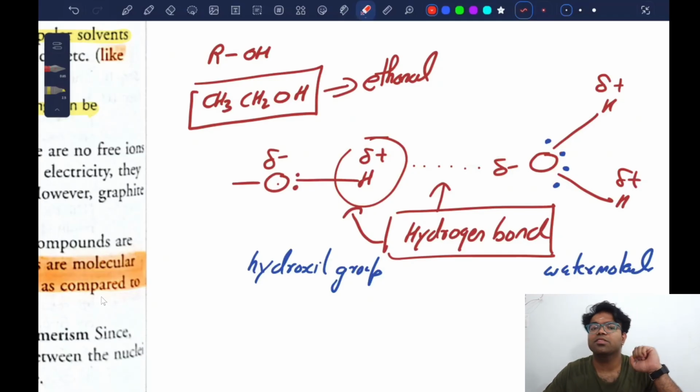Basically, beryllium is surrounded by only 4 electrons, whereas both the chlorines are happy. They are surrounded by 8 electrons, but the central atom beryllium is only surrounded by 4 electrons, and that is not correct, right? So BF3, what is happening? Boron, the central atom, is only surrounded by 6 electrons. Similarly, BeH2, again 4 electrons.